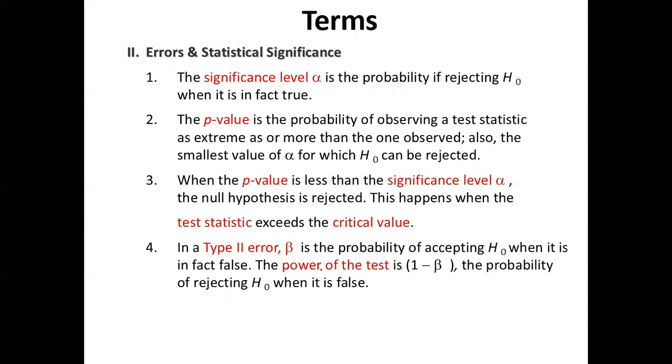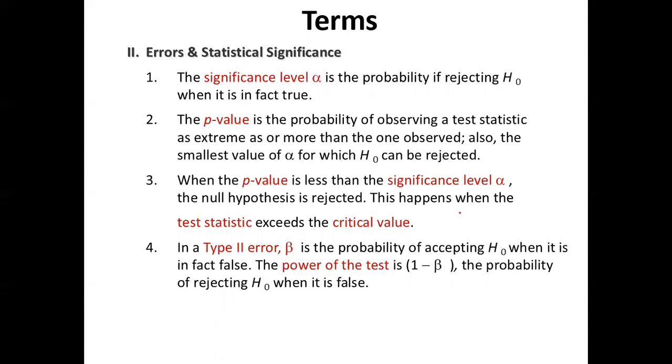It is also the smallest value of alpha for which H0 can be rejected. When the p-value is less than the significance level alpha, the null hypothesis is rejected. This happens when the test statistic exceeds the critical value.